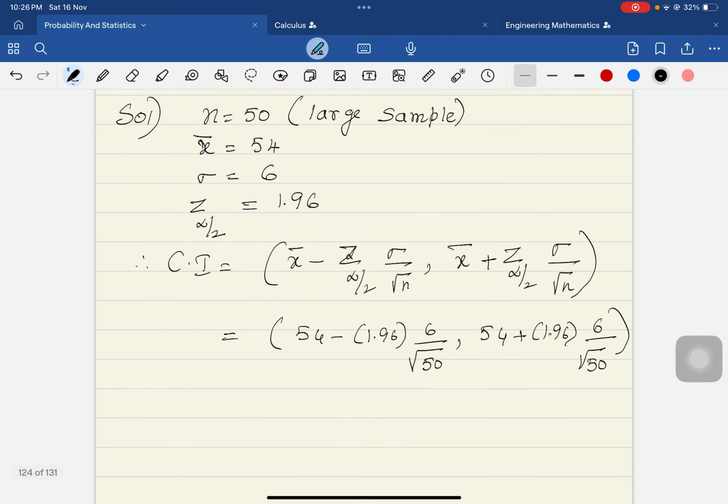Just do the calculation using the calculator, and the interval is given by 52.3369, comma, 55.6631. So this is your confidence interval.